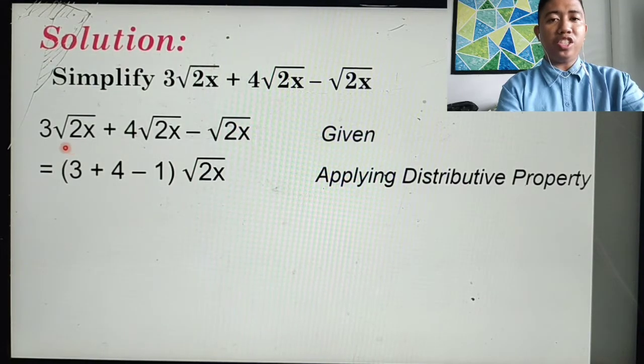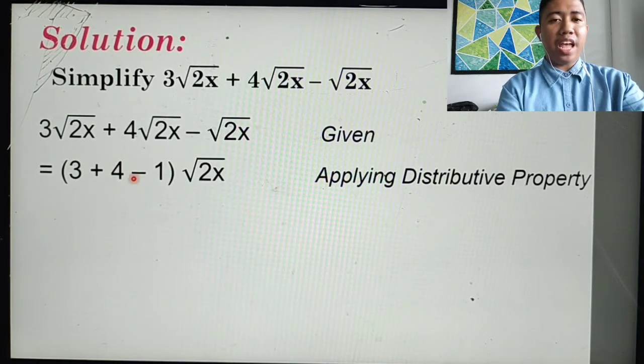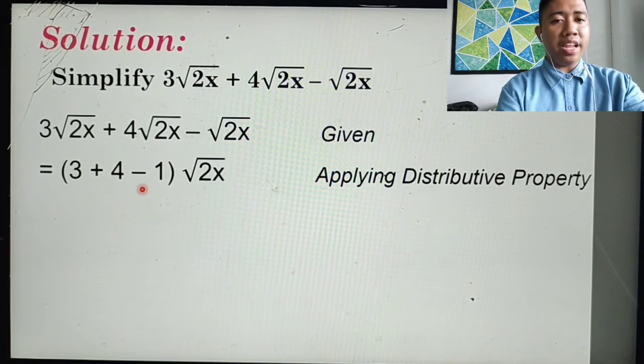So we get the coefficient of every radical term. So we have 3, and then the next term, which is positive 4, and this one we have a minus sign, and we understood that the coefficient of this is 1. So if there is no numerical coefficient appearing in a radical term, we understood that this term is negative 1. And then we have 3 plus 4 minus 1 times the square root of 2x.